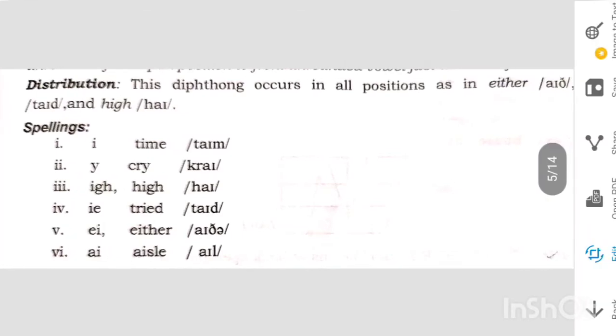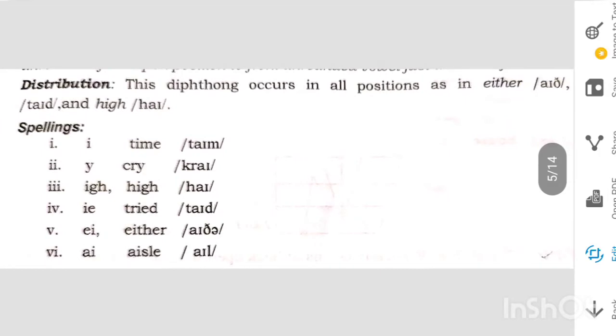Moving on to the spellings, time, I represents the glide I. Then cry, the alphabet Y stands for the vowel glide I. The next word high, IGH stands for the vowel glide I. Here actually G and H is silent.